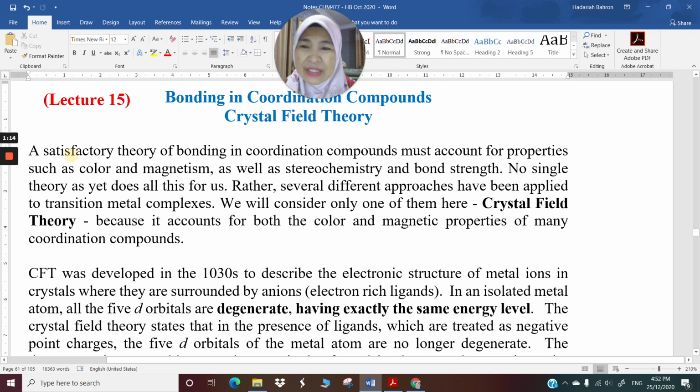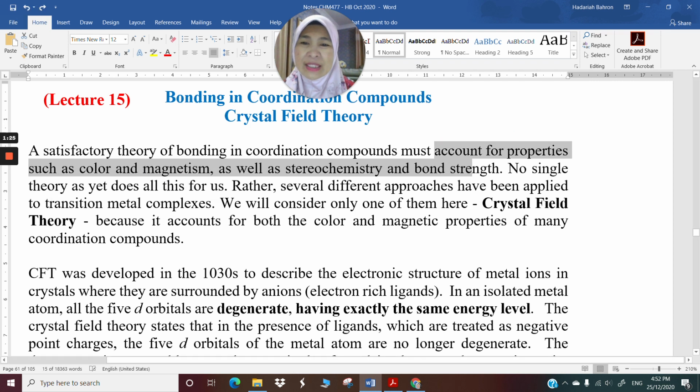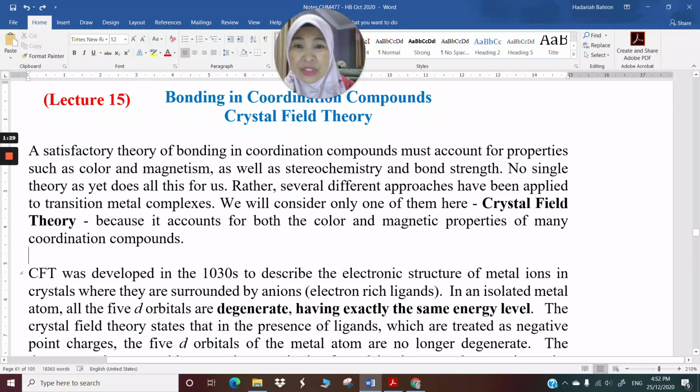Okay, a satisfactory theory of bonding in coordination compounds must account for properties such as color and magnetism, as well as the stereochemistry and the bond strength of the compounds.